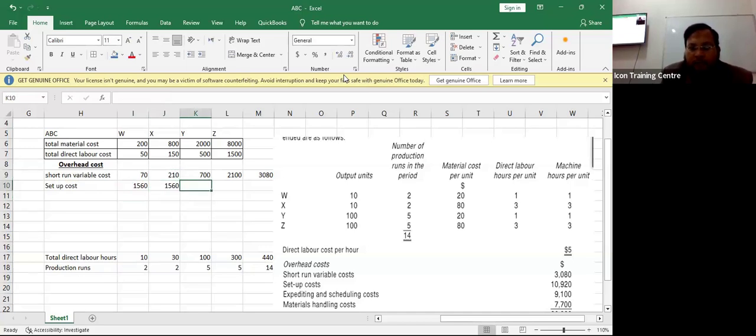You can see that we are producing 10 units for W and 10 units for X, and both are consuming the same production runs, because both are consuming 2 production runs.